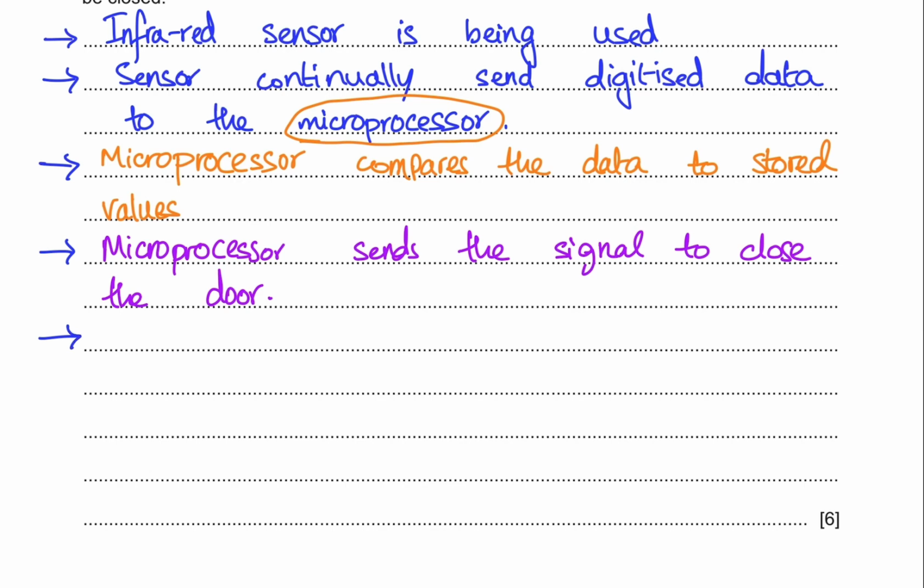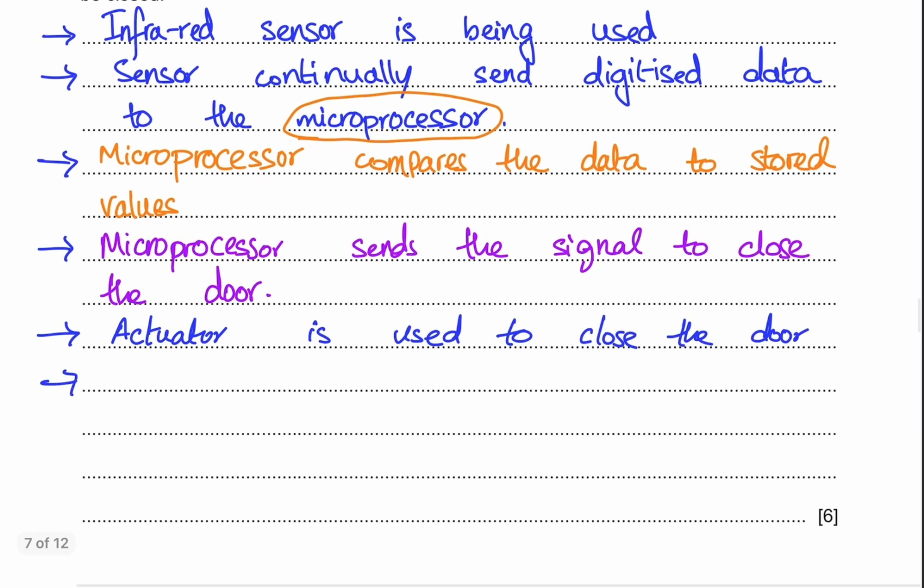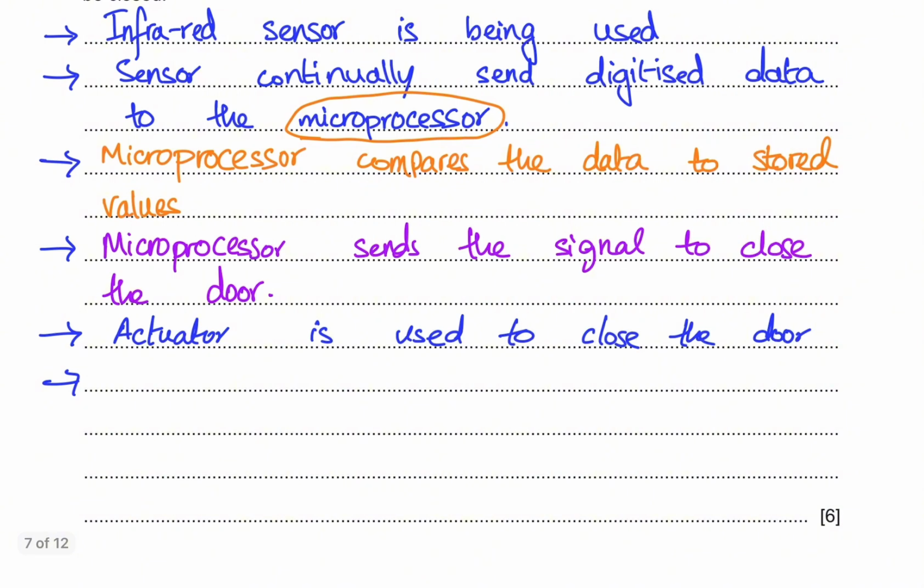Next point: what is the device which is being used to close the door? You can say actuator. The actuator is used to close the door. And then one more point, I can say this process repeats.